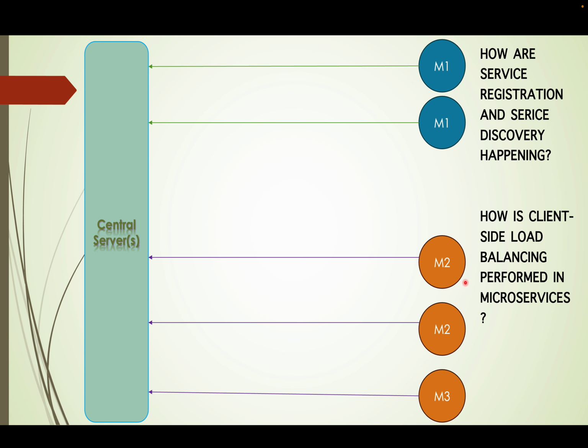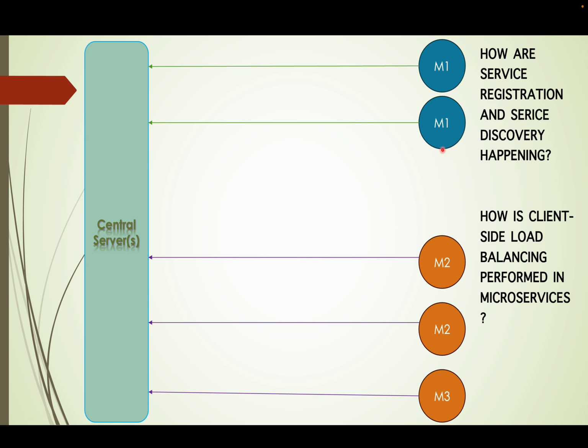How will it do this client-side load balancing? M1 should follow some algorithm. It will either follow the round robin algorithm, or it will identify which instance has been called the least, or it will use some other custom algorithm.